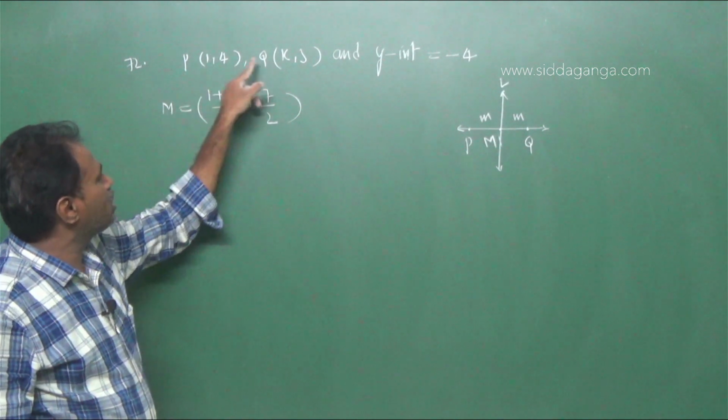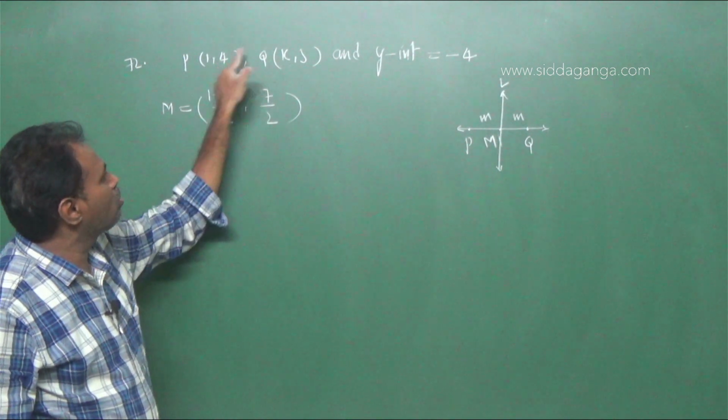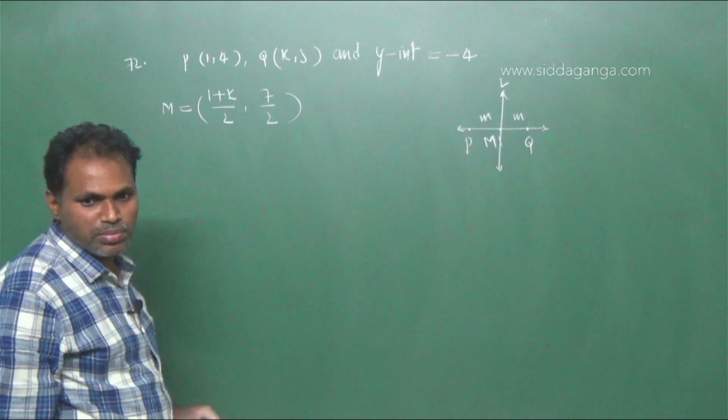Therefore, the midpoint of P and Q is M equal to ((1 plus k) by 2, comma (4 plus 3) by 2, that is 7 by 2). This is the midpoint.